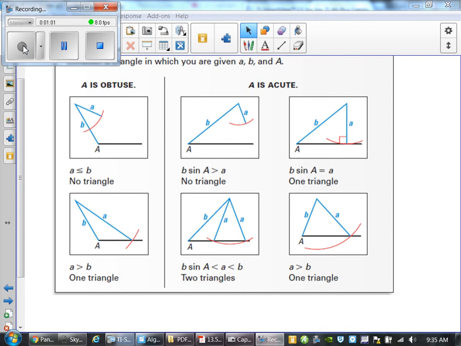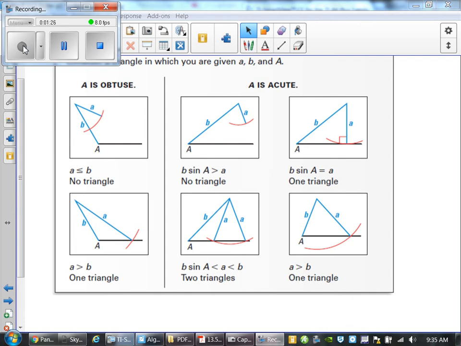Okay? If you don't, it doesn't work. And what happens is you have two types of given values. You have to know at least one angle in a triangle to be able to use law of sines. You have to know an angle and the side opposite.